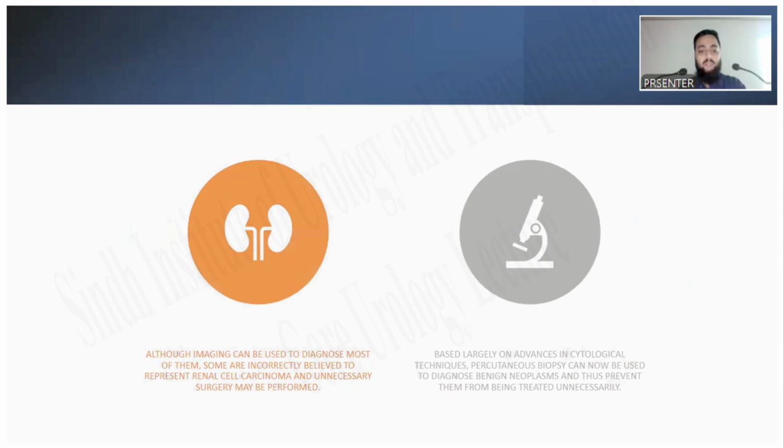Although imaging can be used to diagnose most of them, some are incorrectly believed to represent renal cell carcinoma, and unnecessary surgery may be performed. Based largely on advances in cytological techniques, percutaneous biopsy can now be used to diagnose benign neoplasms and thus prevent them from being treated unnecessarily.